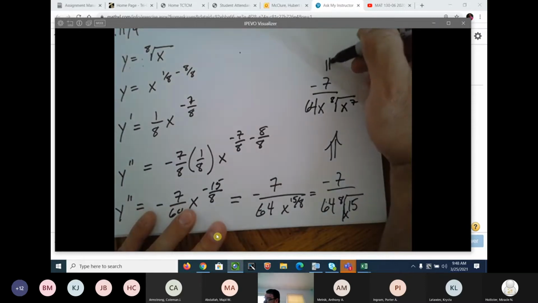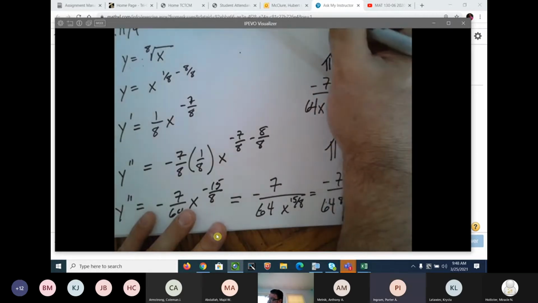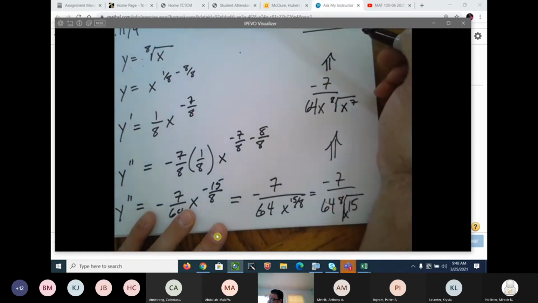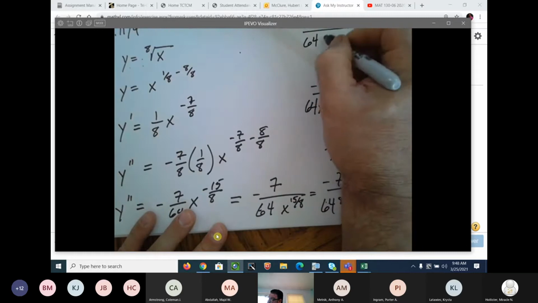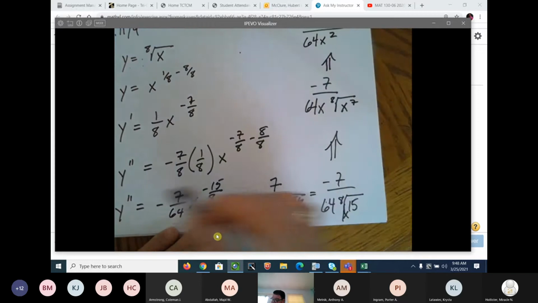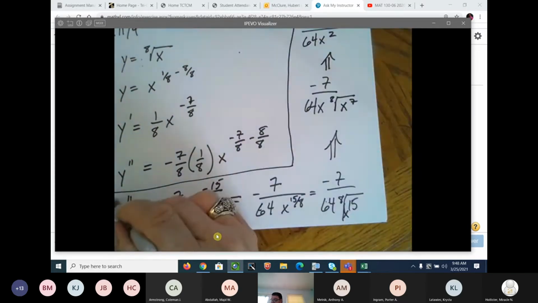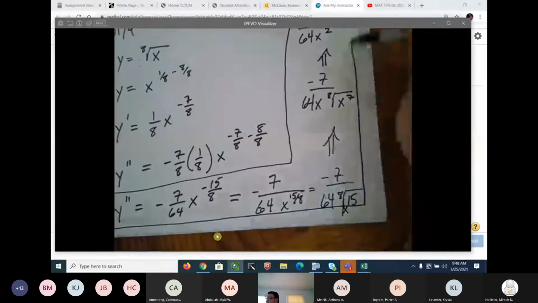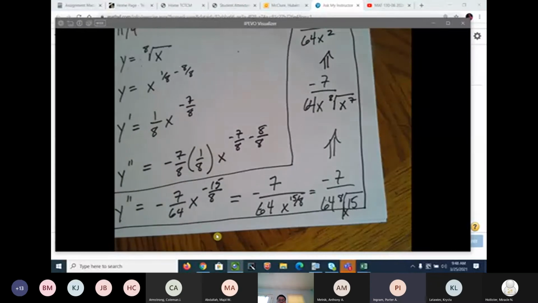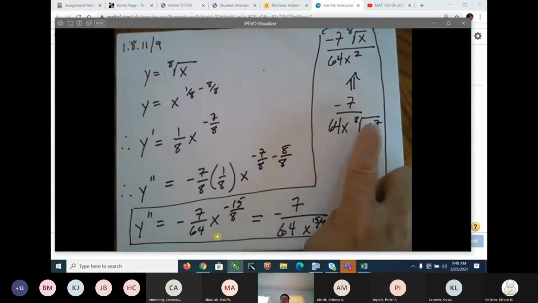You could go one step further, and that would be negative 7, the 8th root of x over 64x squared. Now I'm just going to go ahead and tell you that you could write the second derivative any one of these ways. Did anybody remember how they wrote it on this problem? You could write any one of those ways. I just rationalized the denominator here.